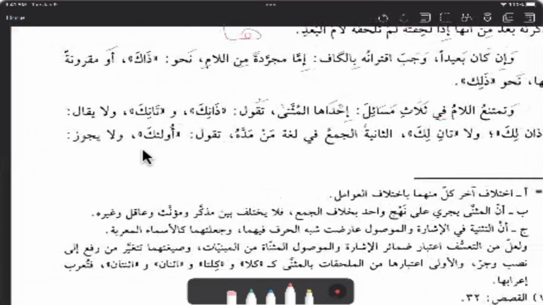الثانية الجمع في لغة من مده. The second case is the plural according to the dialect of whoever put a hamza after the alif.